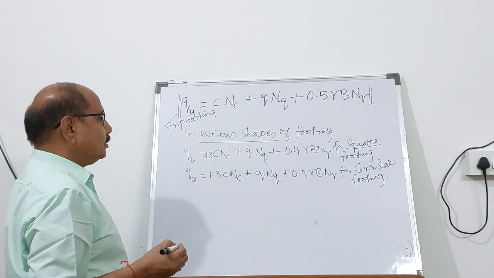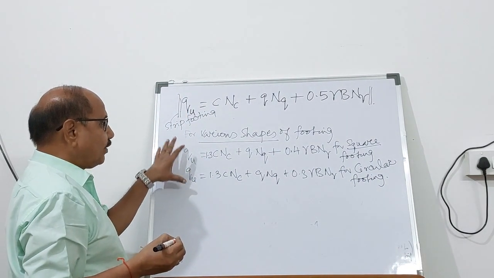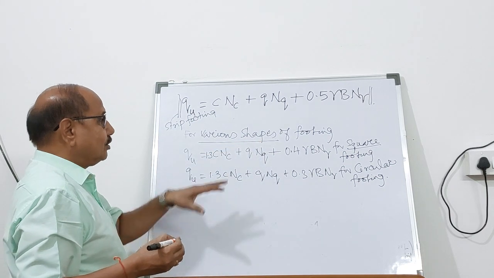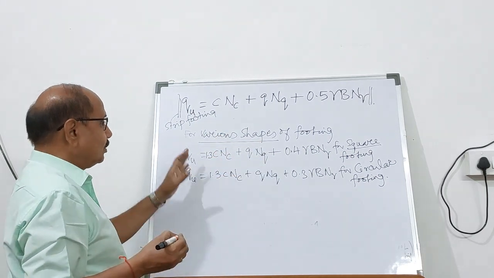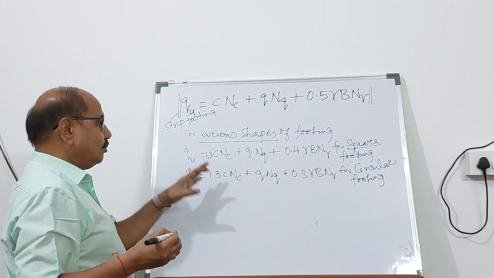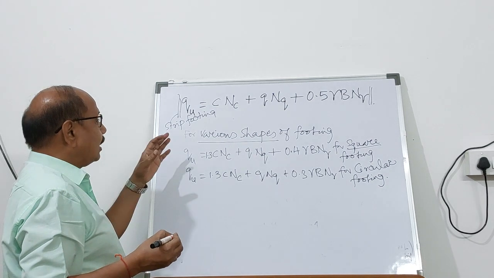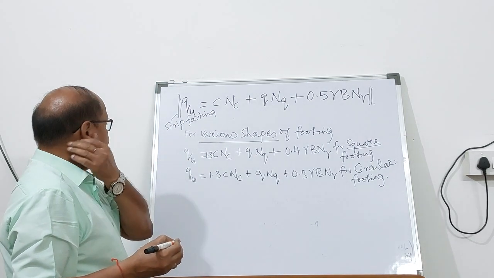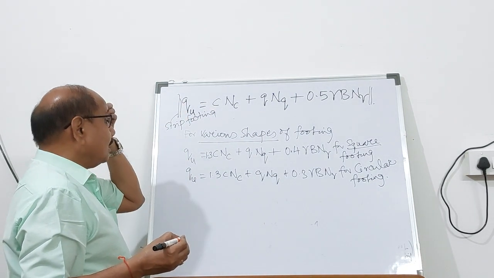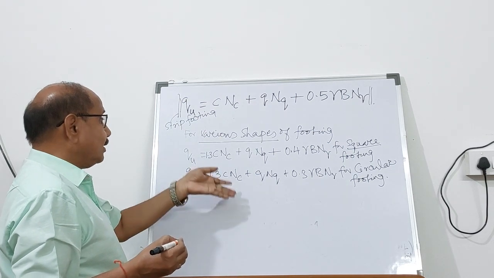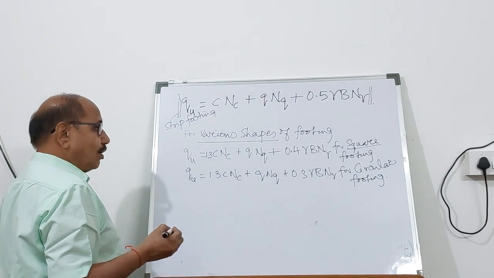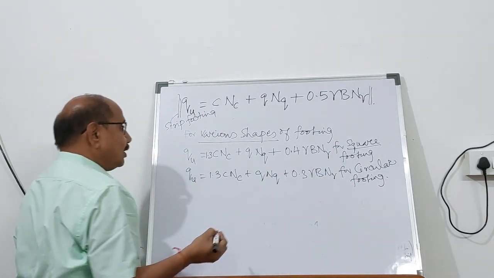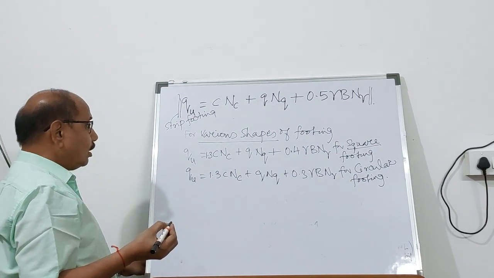So these are some of the modifications due to shapes. So for other shapes, these modifications must be made to the equation, and then only you can apply it for square footing or circular footing.